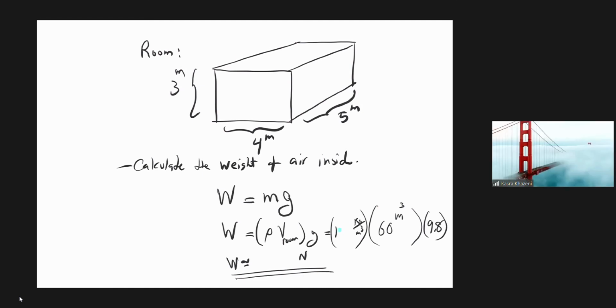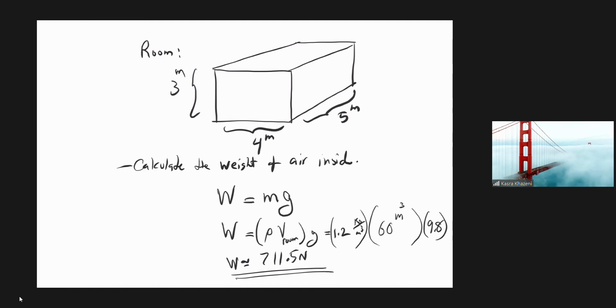Yes, the density of air is 1.2, and then the answer is 711. So, okay, sorry. If you divide that by 10, you get roughly 71 kilograms. So the amount of air inside your typical room is 71 kilograms.